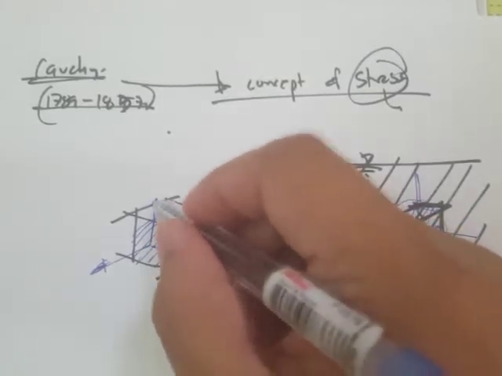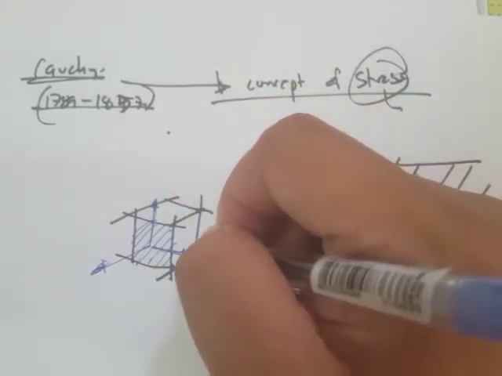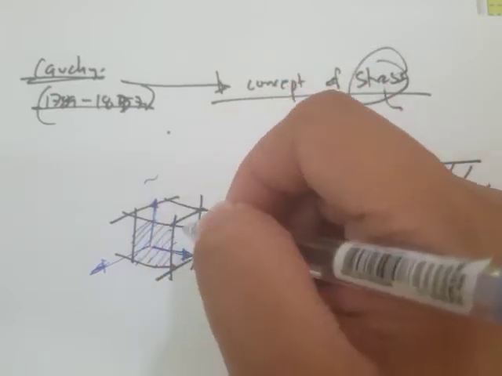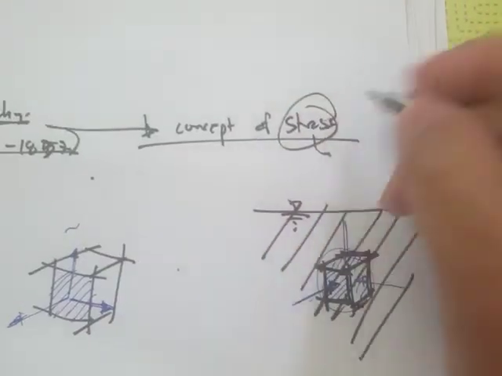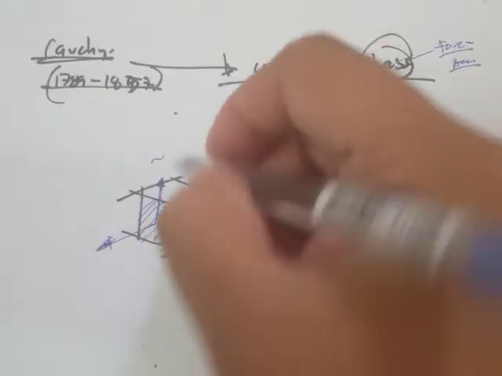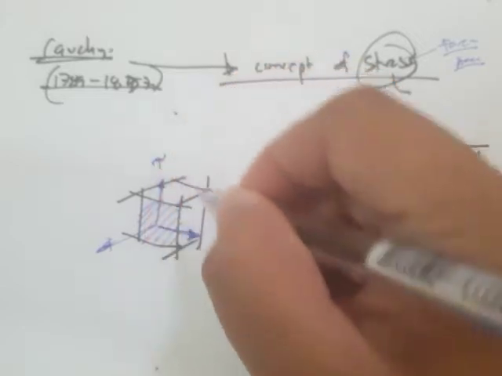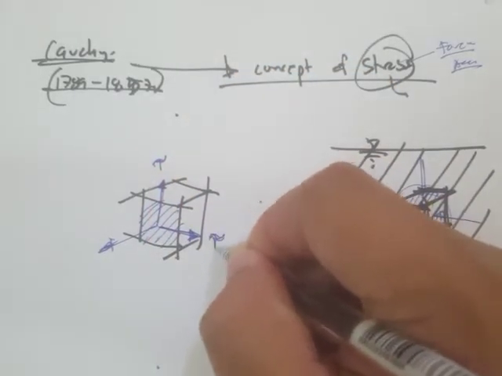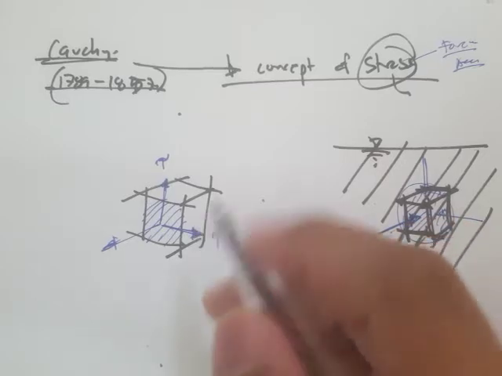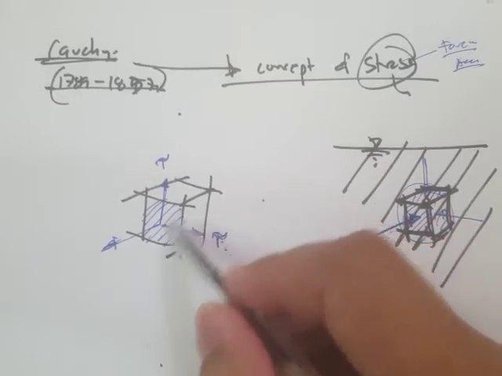Okay, so right here we have two forces that are parallel. In terms of stresses, by the way, stress is simply the force over area. So in terms of stresses, this is what he called shear stress. Shear stresses are stresses where the force is parallel to the area.